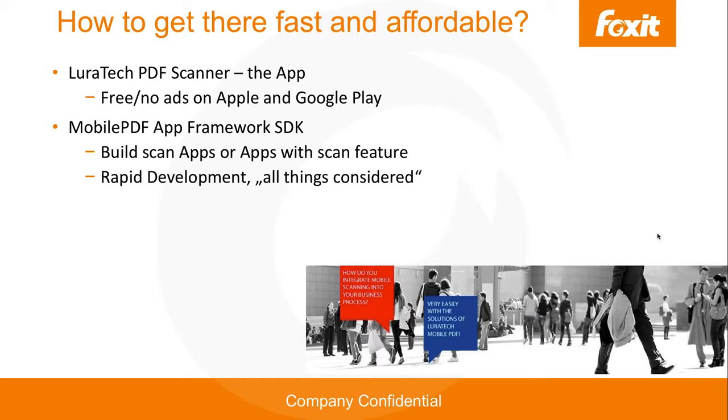In order to get smart, we first have to get the quality right of those images. We have a couple of solutions over here at Foxit doing so. One is the Luratech PDF Scanner. It's an app. This app allows you to generate high quality scans with overlays in the camera window, where it guides the user in terms the user understands.